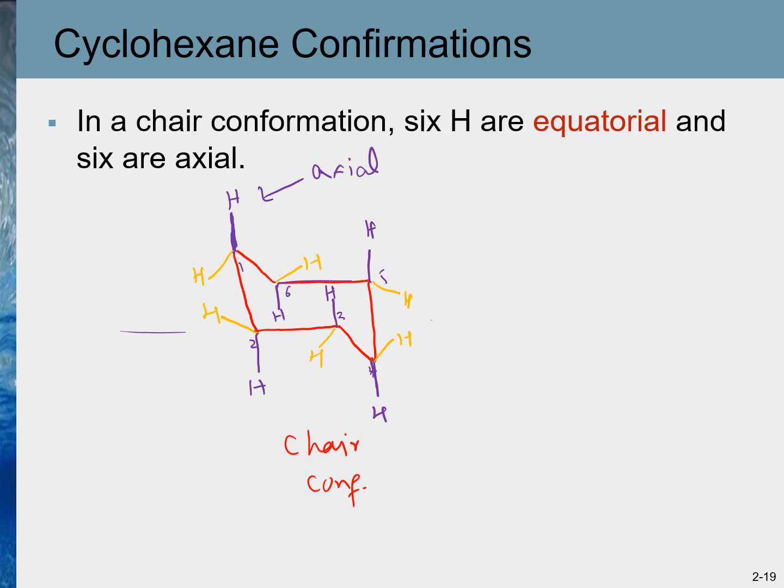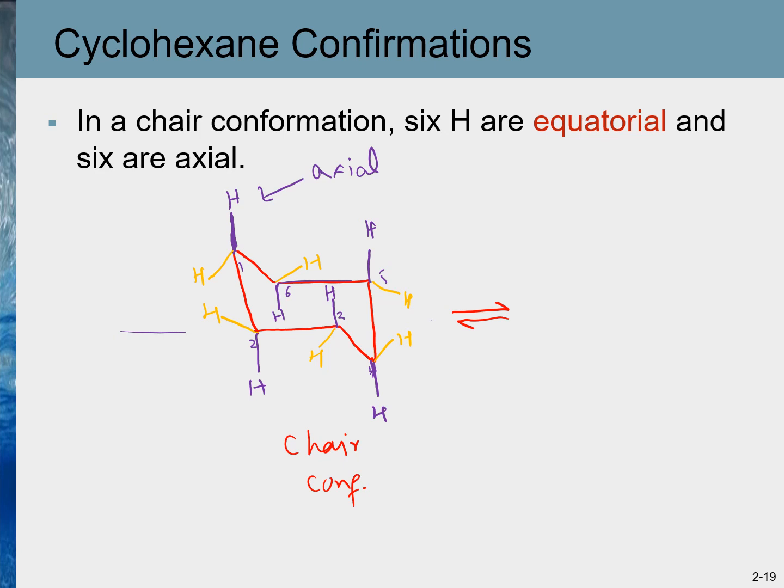Another thing you must remember is that the chair conformation goes from one chair to another chair. Let me explain what I mean by that. In the structure shown here, number 1 carbon is above the plane and number 4 is below the plane.